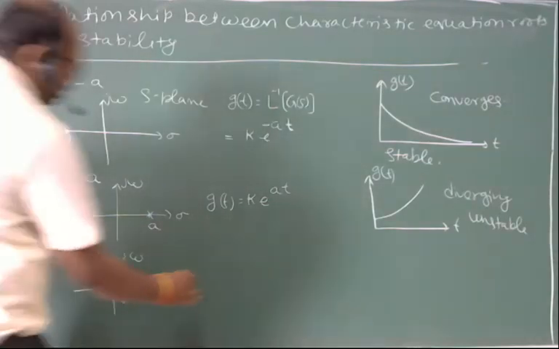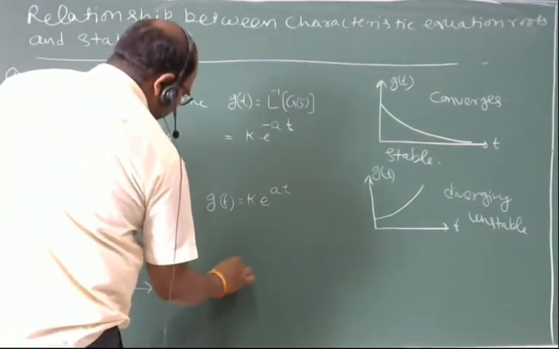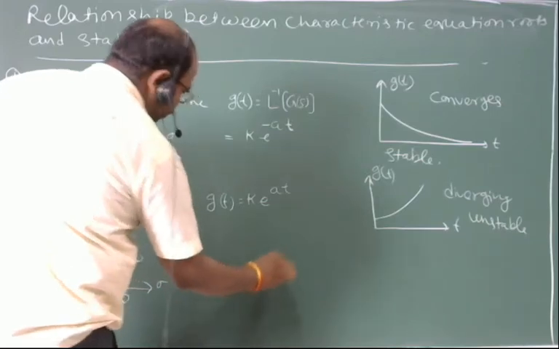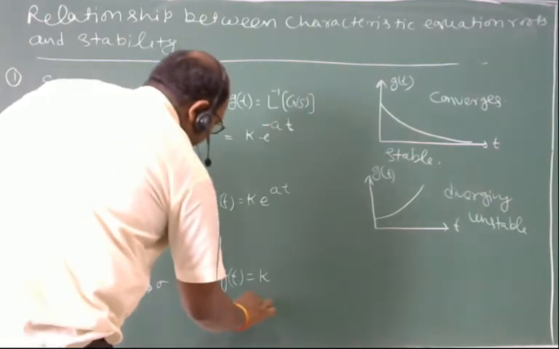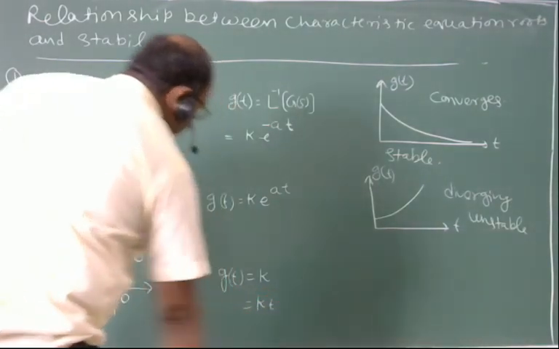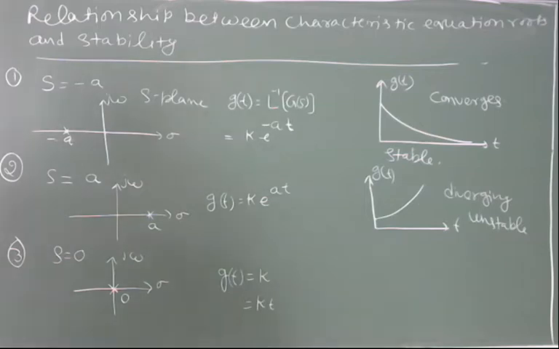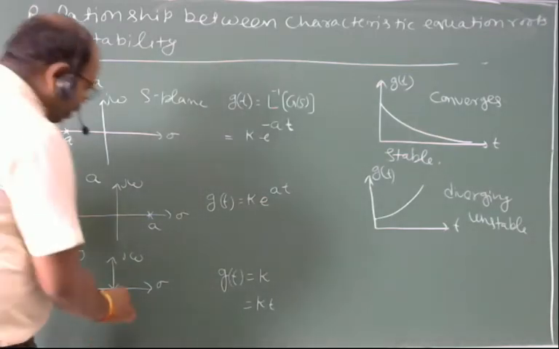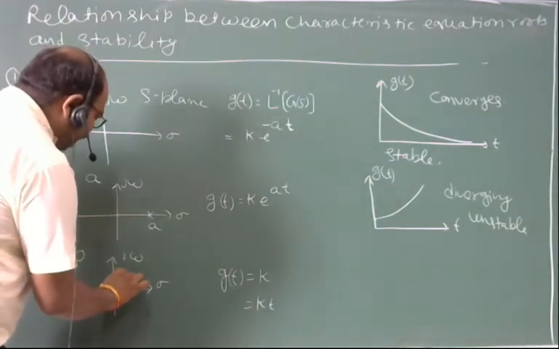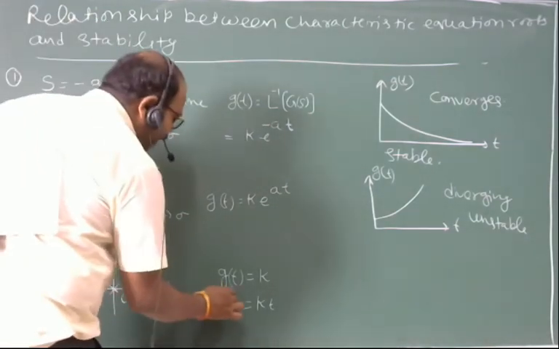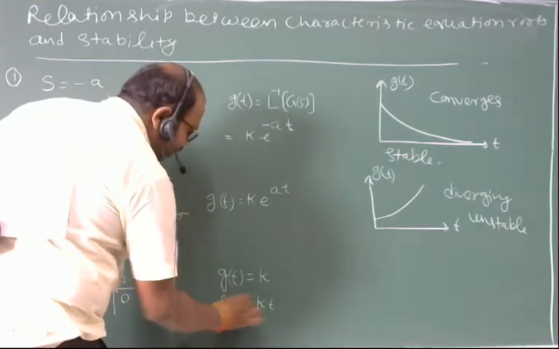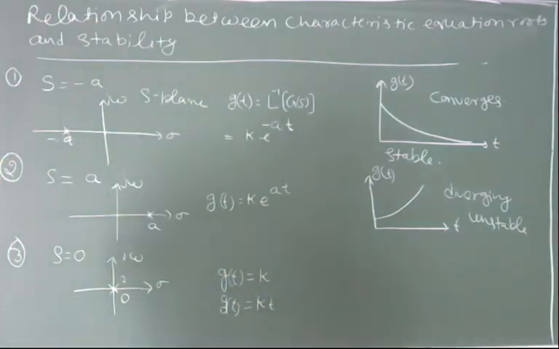In this case, g(t) will become equal to K, or simply in the ramp case, this will be equal to Kt. And ramp, when we will get ramp, when I have a double pole at origin, then g(t) will be like Kt.